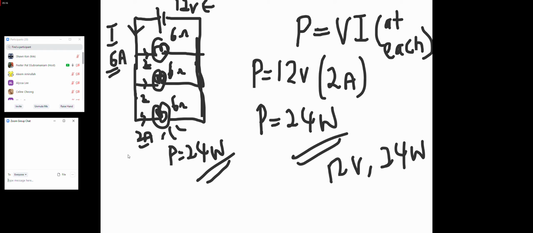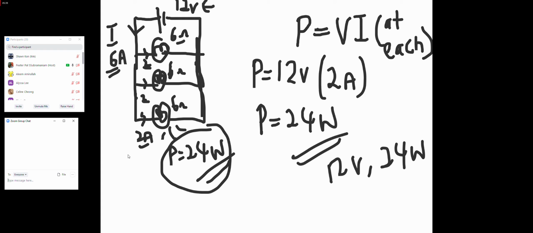Anyone got a question with the parallel? This is the parallel arrangement. In the parallel arrangement, we try to get the amount of power at each bulb. First we find the total resistance in the circuit.